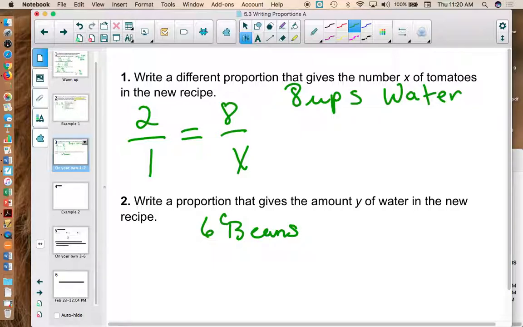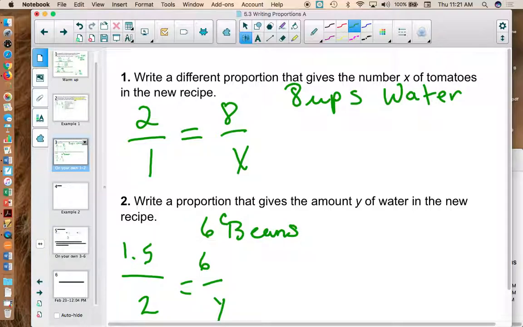Jillian, what should my first ratio be? Looking at my recipe, how many cups of black beans do they have? 1.5. Beans to water. Okay, so 1.5 to 2 cups of water. So what's the other ratio look like then? 6 to Y. That's it. You're absolutely correct.